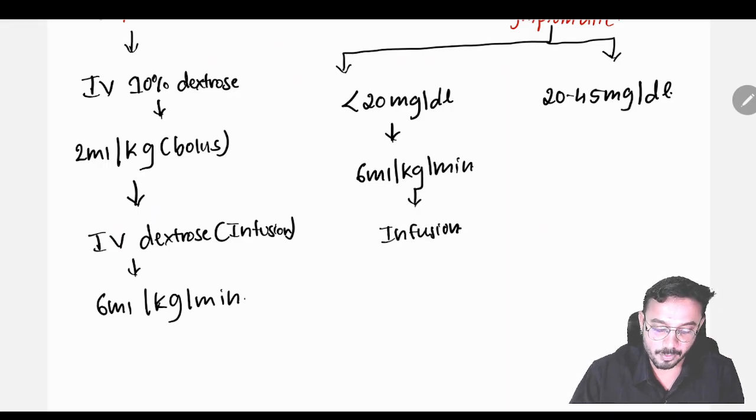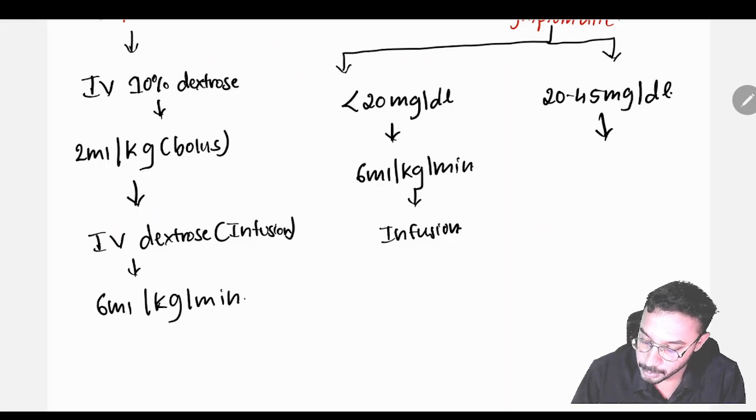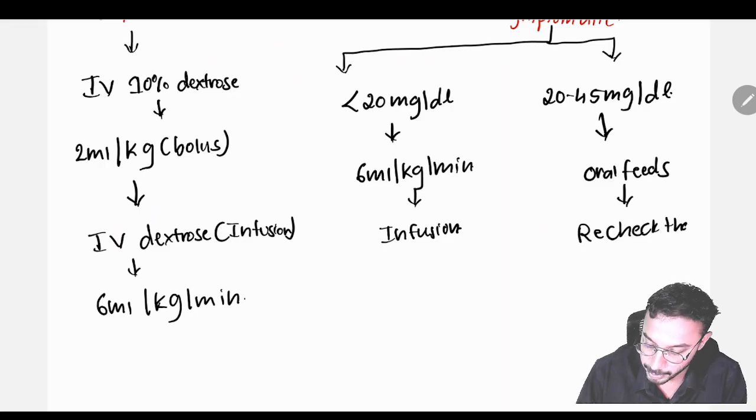Okay, and if the baby is 20 to 45 mg per dl, tell the mother to breastfeed properly, so you have to give oral feeds to the baby. After giving the oral feed, recheck the blood glucose.